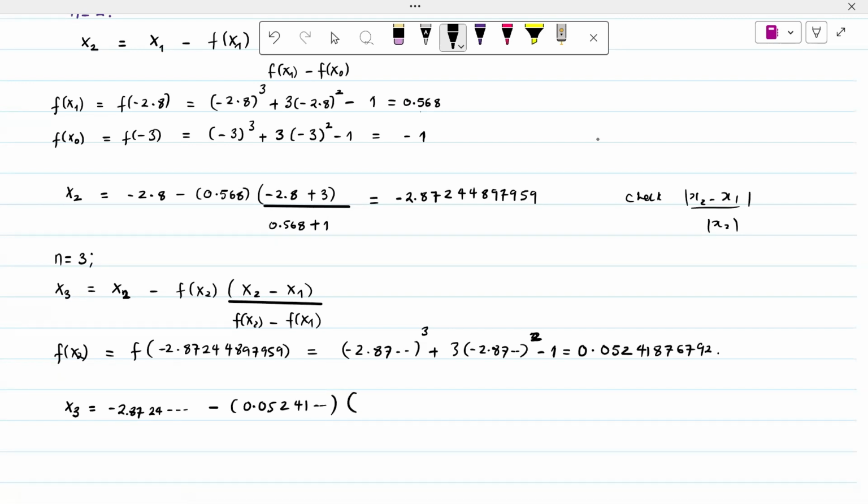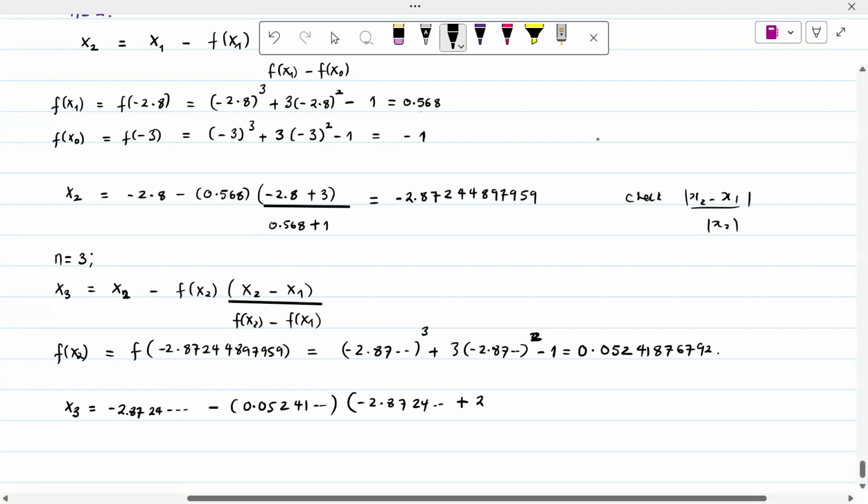And then our x2 again is negative 2.8724, finish all the values, minus our x1. What was our x1? Our x1 was negative 2.8, right? We picked negative 2.8 as our x1.